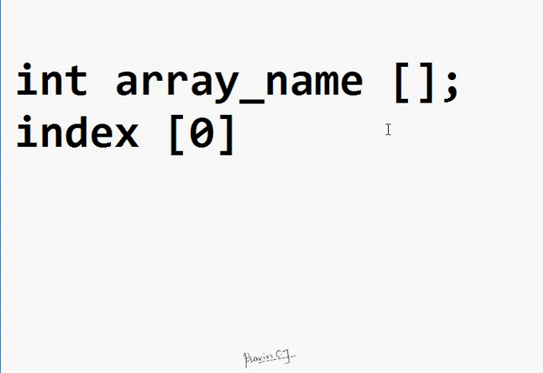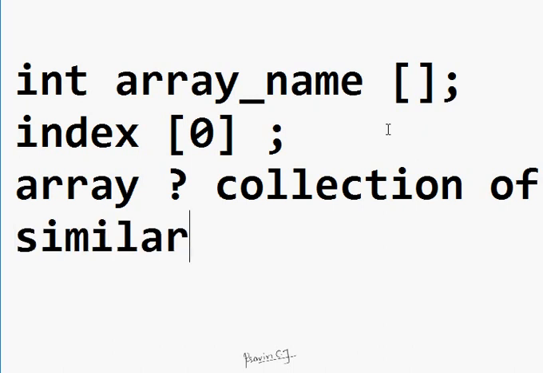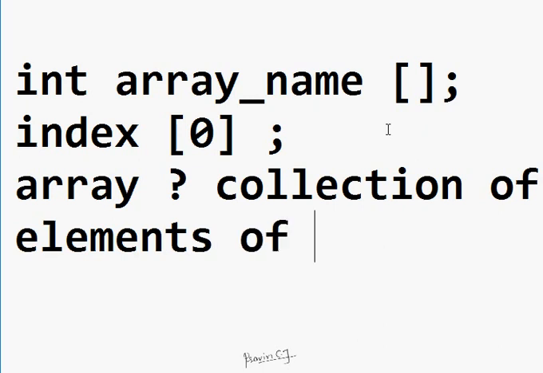And what is an array? An array is a collection of similar data elements. It is a collection of elements of similar data type.